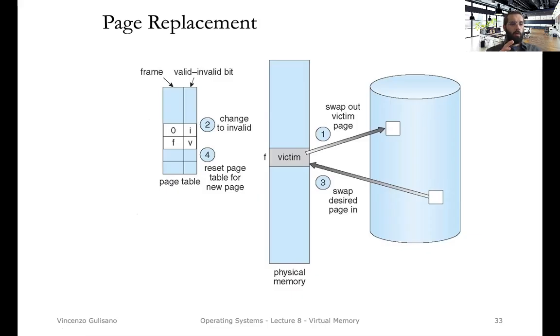When you select the victim frame, which of course depends on the algorithm you use, you need to change to invalid the entry, and you need to swap out the victim page, you need to swap in the desired page, and then you reset the page table for the new page. But of course in the page table of the other process, the one that contains the victim frame that you decided to free.